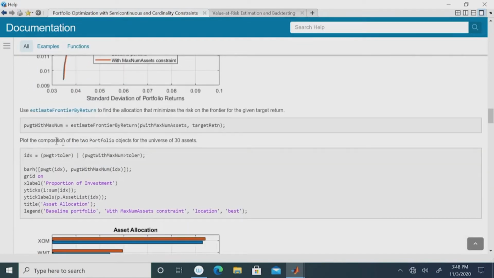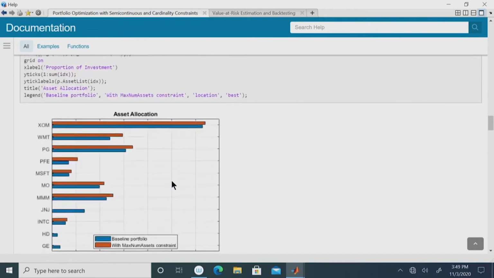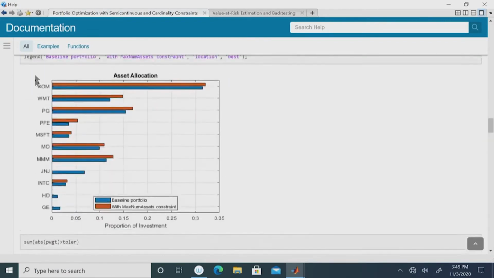So, accordingly what you do is the following: you just set the composition of 2 objects in the universe of 30 assets. Again, we are doing this on 30 assets, and the asset allocation now turns out to be of this particular form. You see here that as before we have 1, 2, 3, 4, 5, 6, 7, 8, 9, 10 and 11.